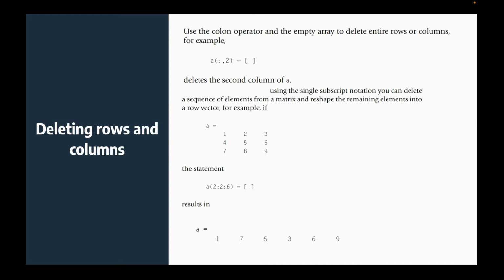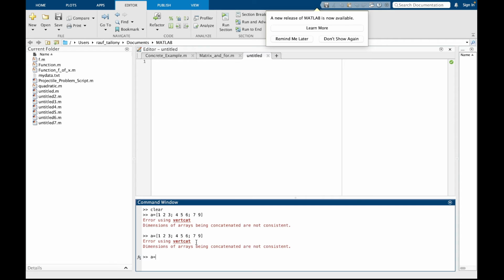How to delete a row? Should be same concept. So you say A, open parentheses, you choose whatever row you want, comma, then colon, not a semicolon. Then that's gonna delete your row. Let's recreate another matrix and do it together. A equals 1, 2.